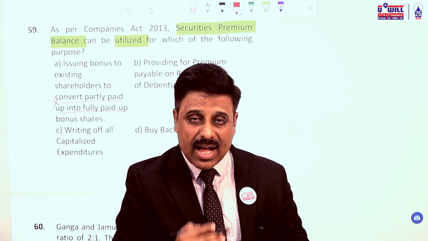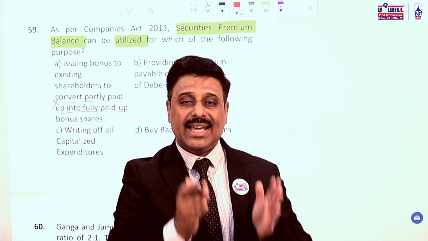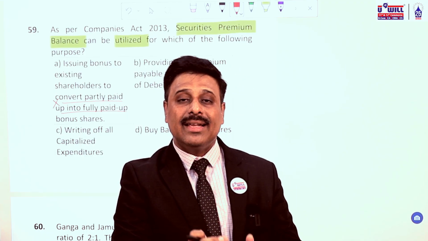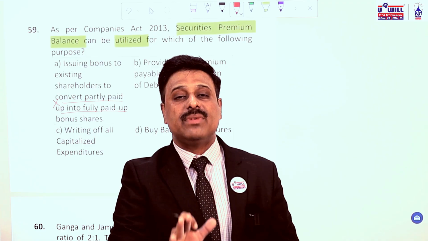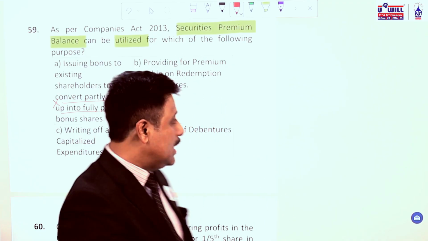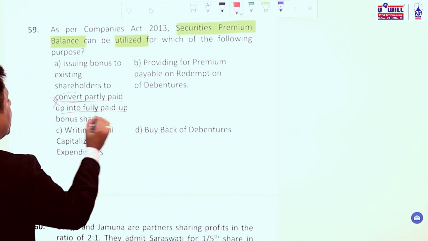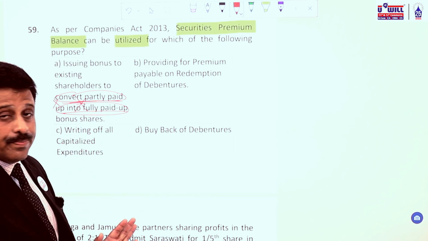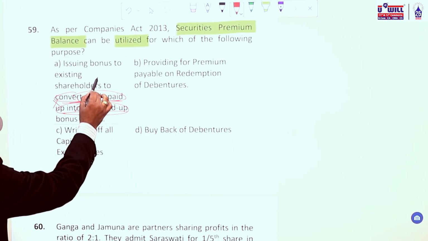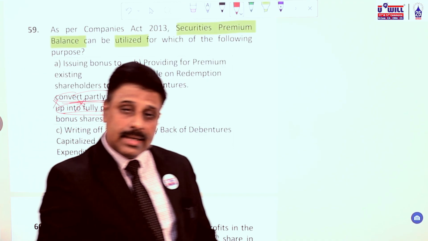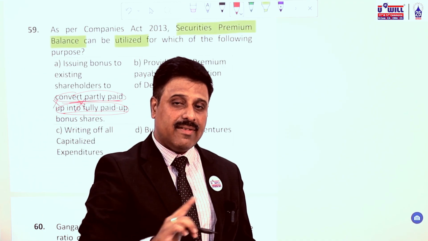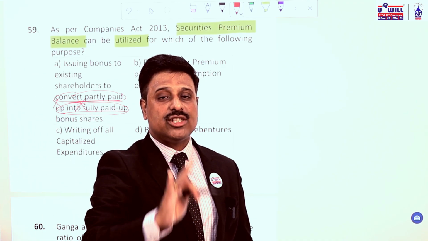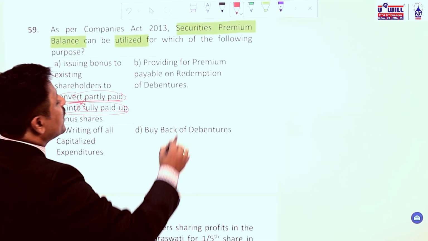If extra shares are issued fully paid to the existing shareholders as bonus, in that securities premium can be used to give the bonus. Here, because converting partly paid into fully paid up is given, it cannot be used.